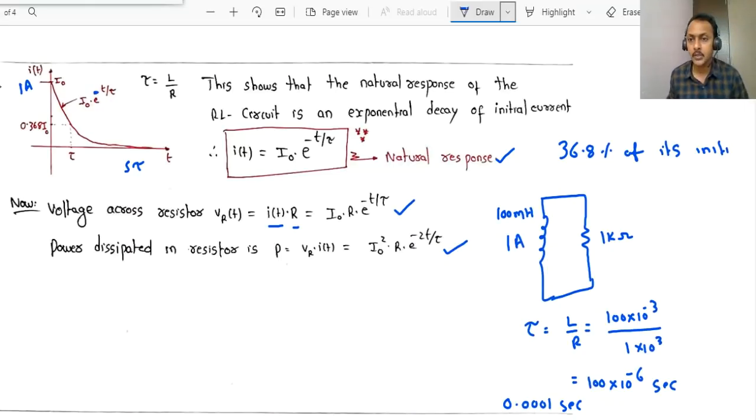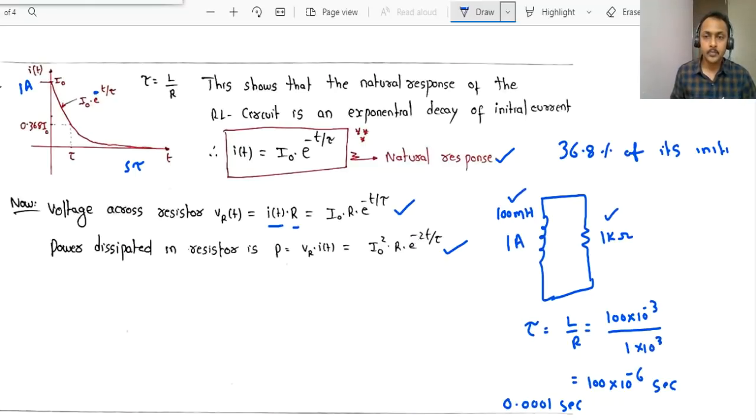That is the meaning of this time constant tau. Most of the time our value of inductance L will be in millihenry, so don't think that it takes a long time to decay this I naught value to 0. Clear? It all depends on the inductor value and the resistor value.